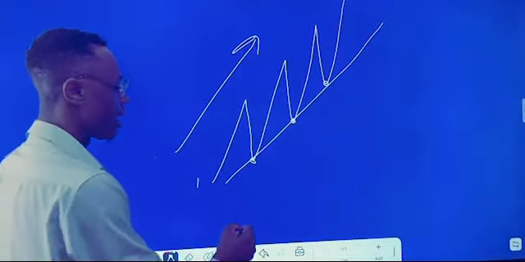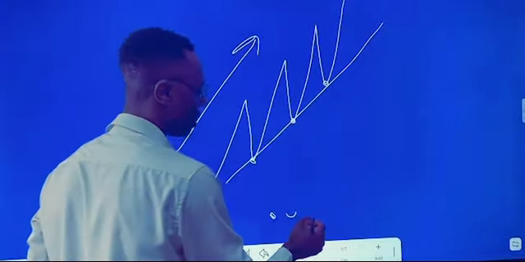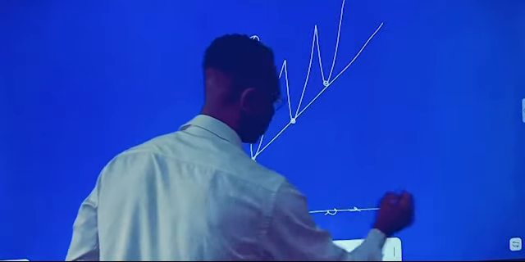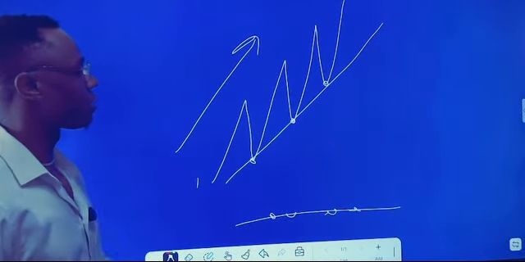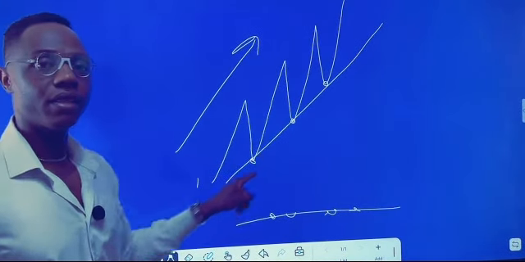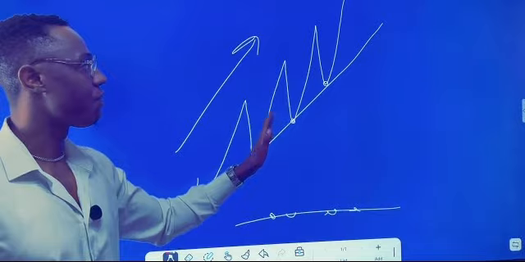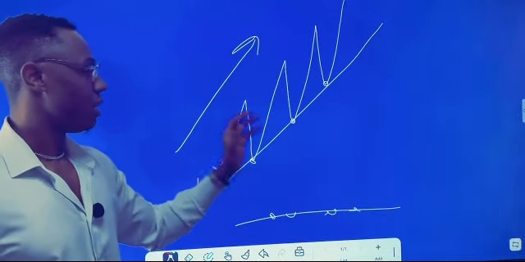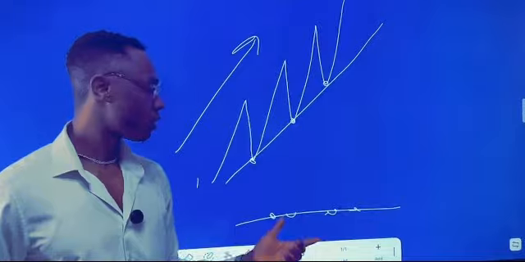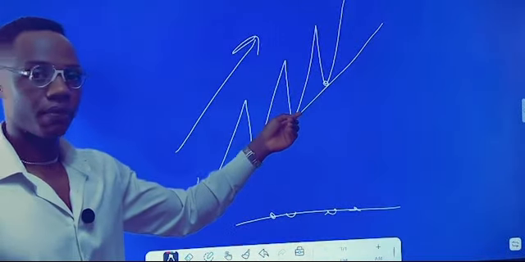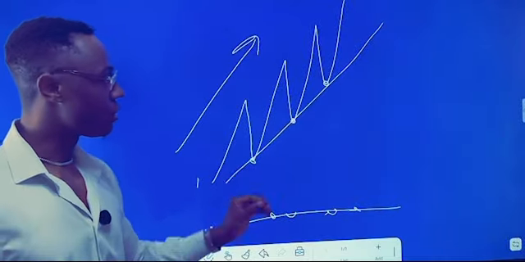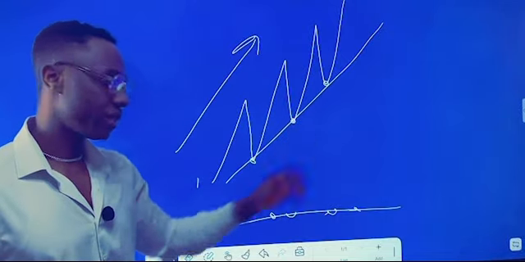In a normal support, you find the support in a horizontal level like this, but this time around you see the support in an incline level, and you have how to trade them as well. The same thing, you can use the concept of support and resistance to trade this, all right.